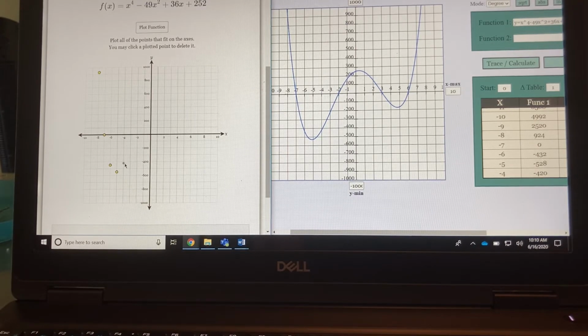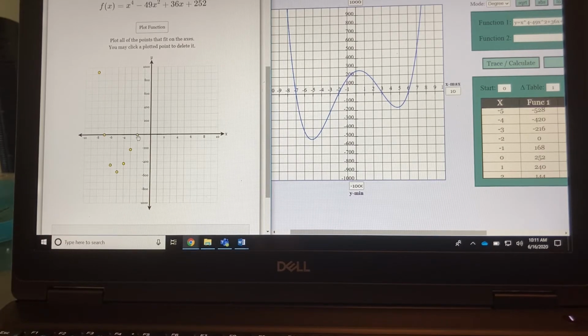And I'm just plotting each point approximately where I think it would be. Scroll to get the next set. -3, -216. So -3, -216 would be about here.